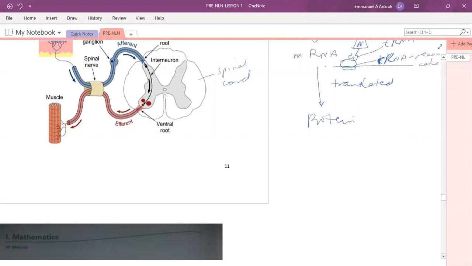Okay, good. That's another one here. Let's see. Page 238.